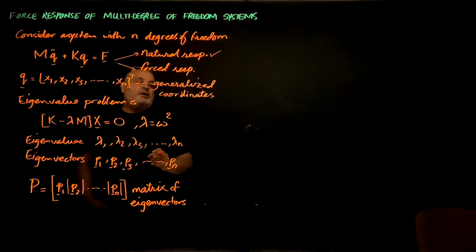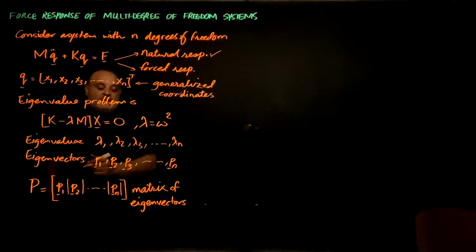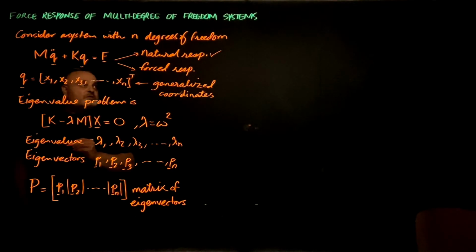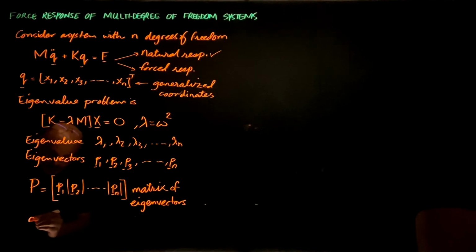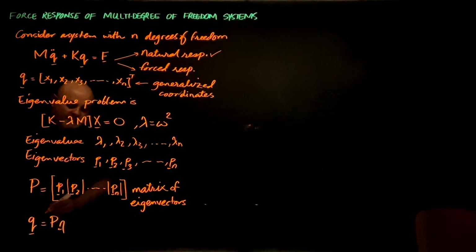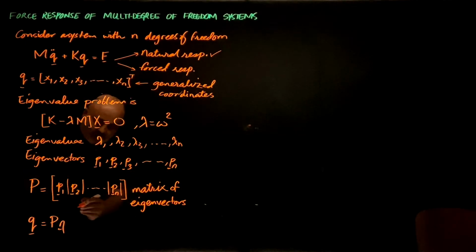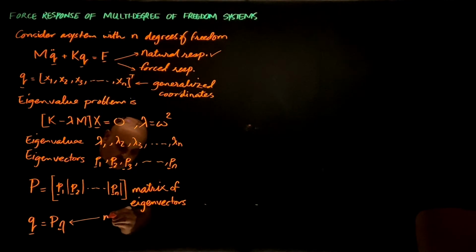Okay, and now I will define a new set, and I'm gonna call it lambda. Actually, let's call it eta, so that Q equals the matrix P times eta. Eta, this will be called the modal coordinates, and we'll see why that is.